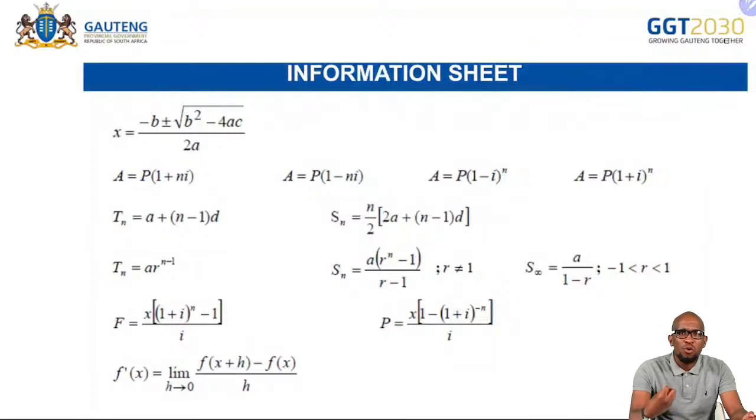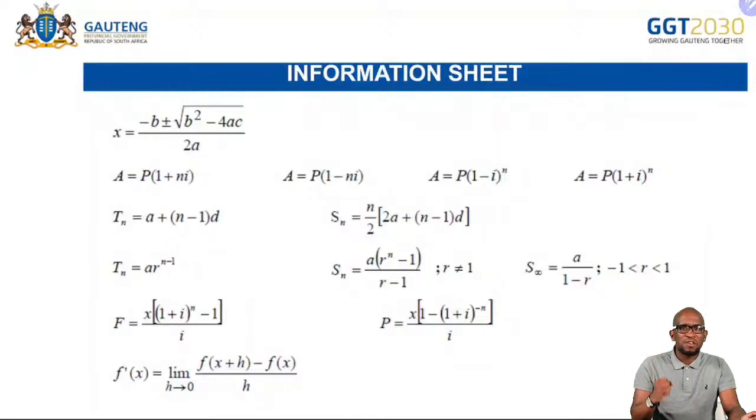Now, obviously, there's the information sheet there. It's very important that you familiarize yourself with the use of an information sheet. If you haven't been using it up until now, please take out the formula sheet from a preparatory exam question paper. Familiarize yourself with it. Use it as far as you can.